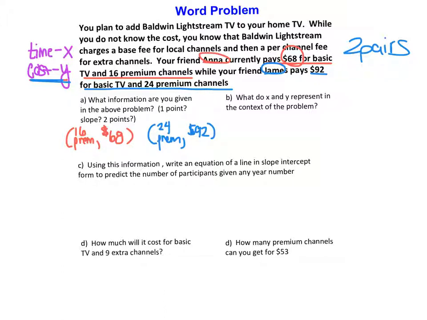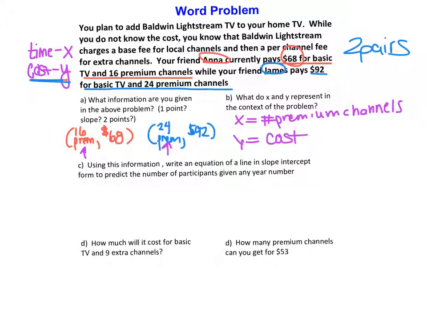Now from here, the next part says, what do x and y represent in the context of the problem? Well, if I look at my points, x here and here represents the number of premium channels I've added onto my service. And y represents my cost. So that's what happens in each of my points.